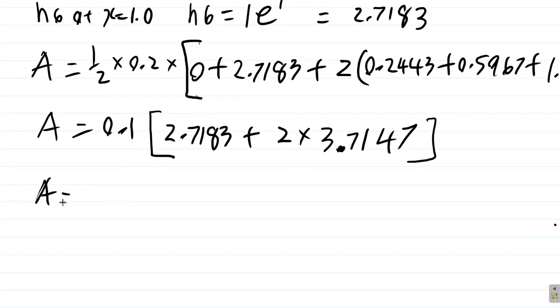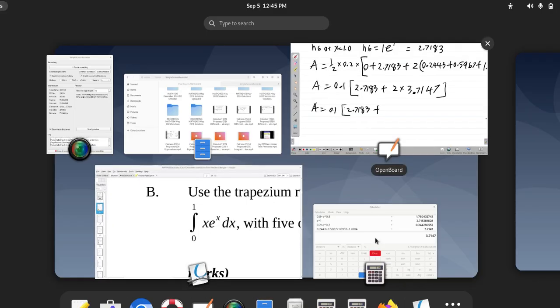So the area equals 0.1 times 2.7183 plus, then we want 3 times this.